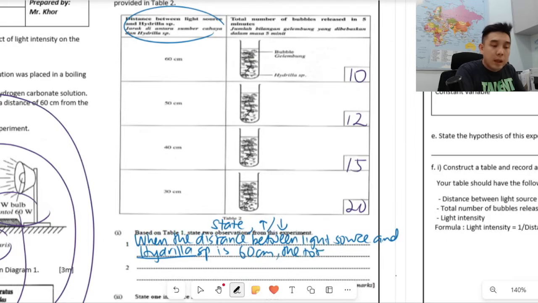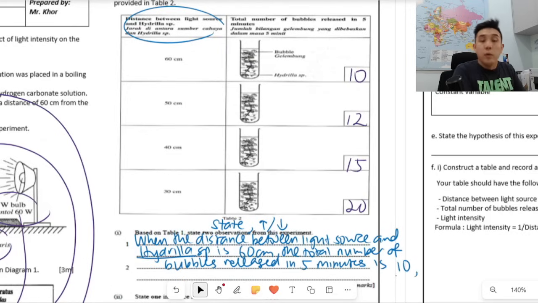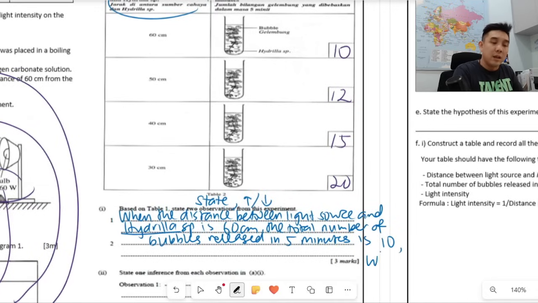The total number of bubbles released in 5 minutes is 10. If you really want to, you can say this is compared to 20, this is lower, because that is higher, which is lower.